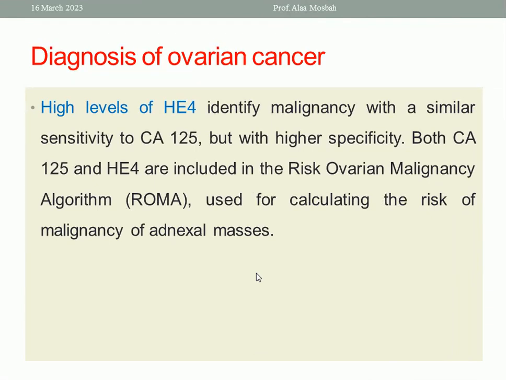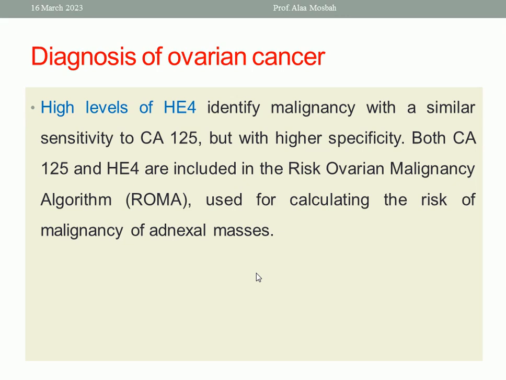Also, there is an important high level of human epididymis protein 4 has an important role to identify malignancy with a similar sensitivity to CA125. But the advantage of HE4, it has a higher specificity.